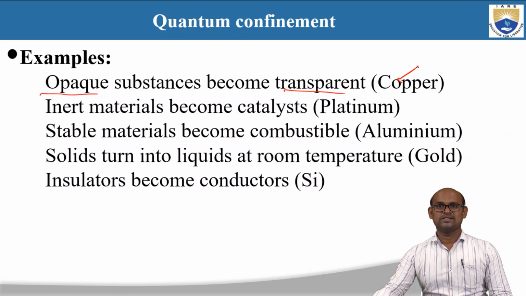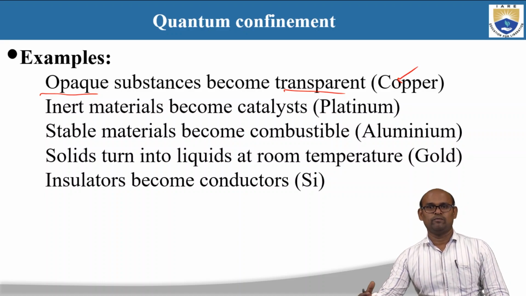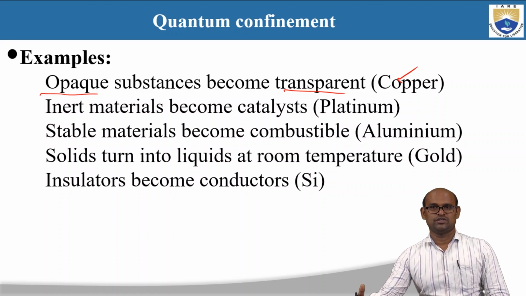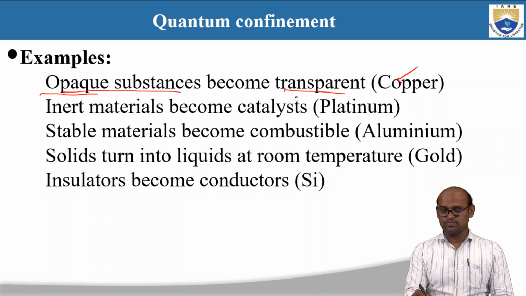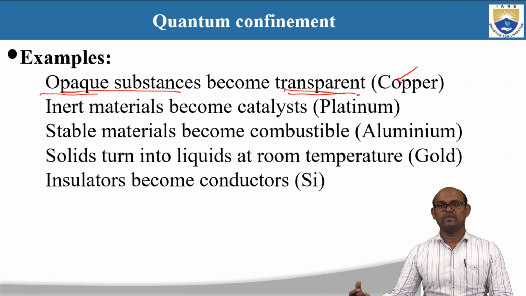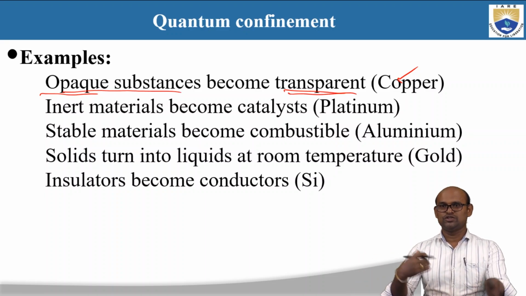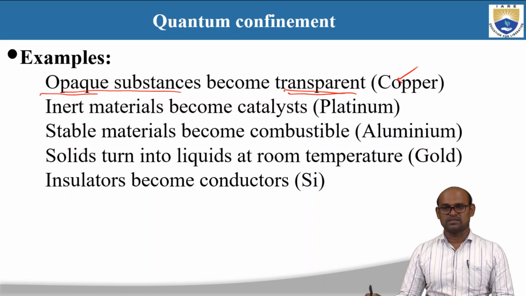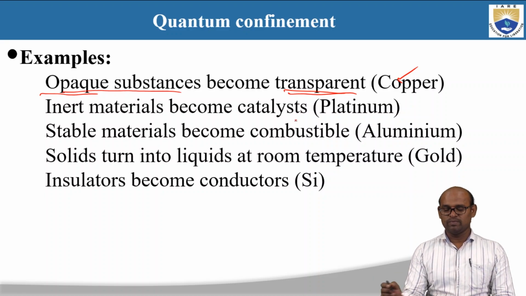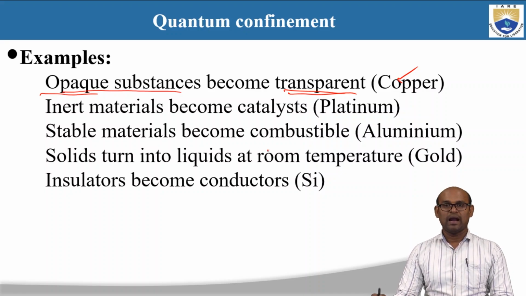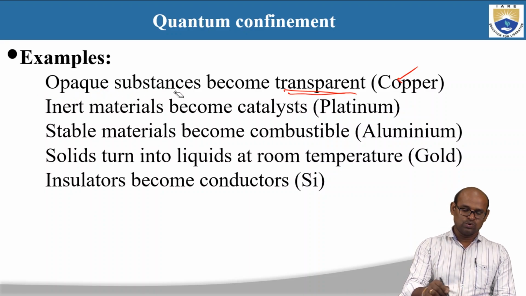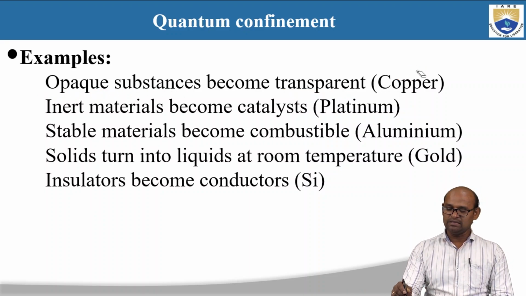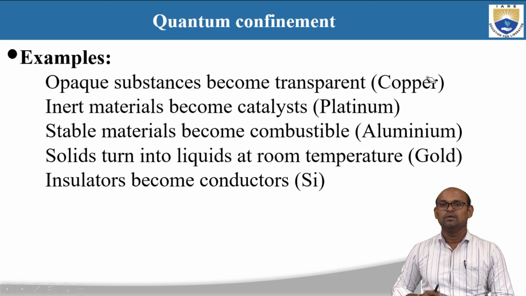Opaque substances become transparent when we change the size to nanosize. Inert materials become catalysts, stable materials become combustible, solids turn into liquids, and insulators become conductors. So quantum confinement can change the properties of materials.